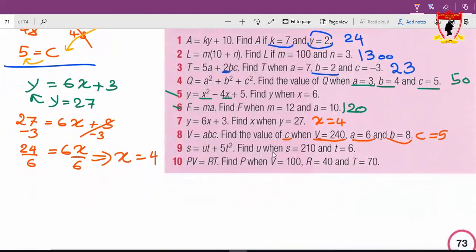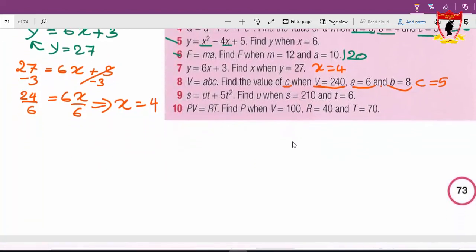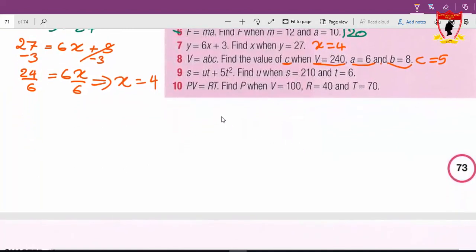Question 9. The same idea is repeating. U is missing. What's given is S and T. So let's do question 9. This will be the last question in this tutorial. The rest is your task. The questions that I didn't do here are your task. Now question 9.